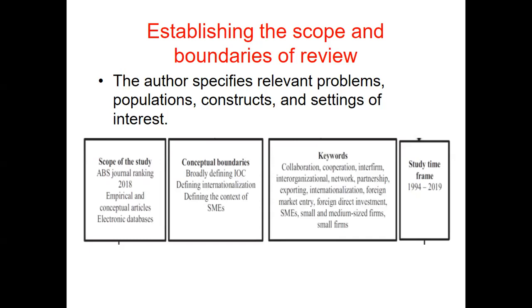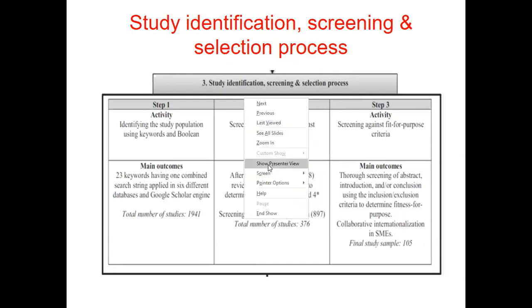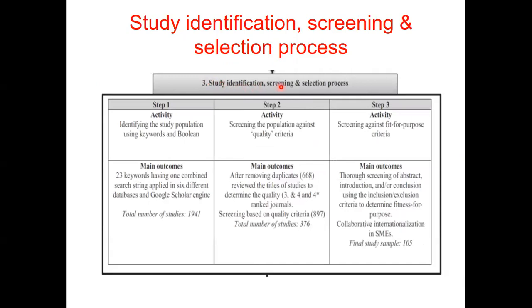Then establish the scope and boundaries of the review, of course. You specify the relevant problems, populations, constructs, and settings of interest, as we said. Then the study selection process, which would involve study identification, screening, and selection, as we discussed before.